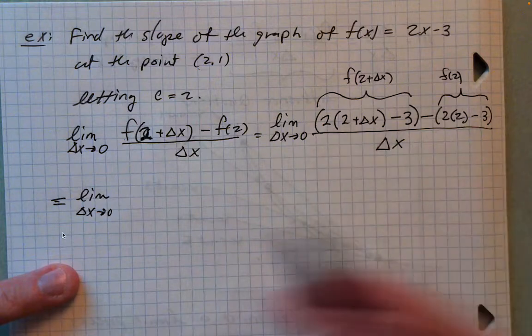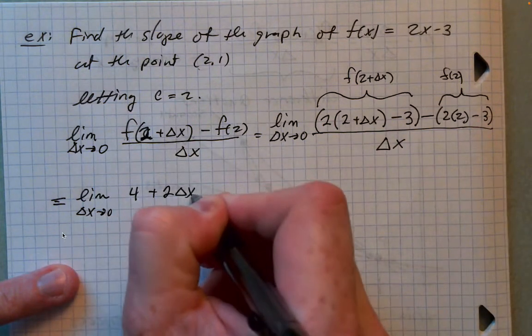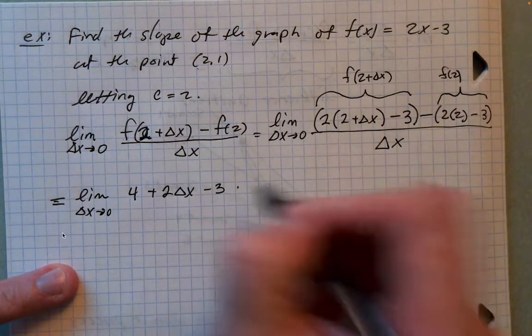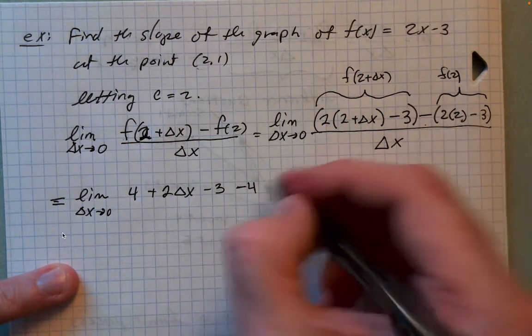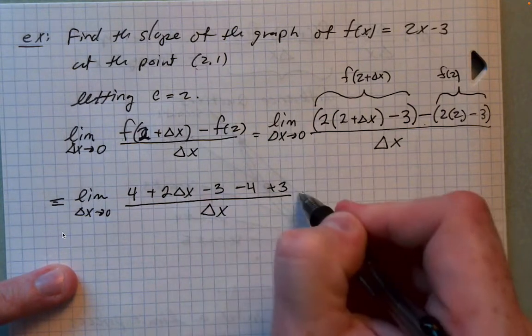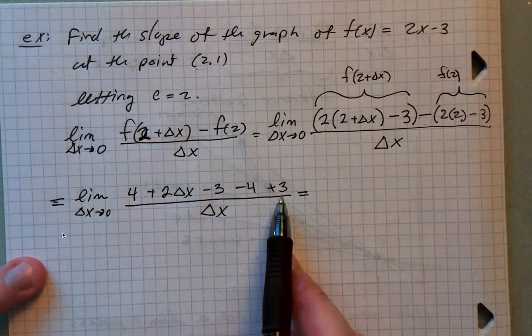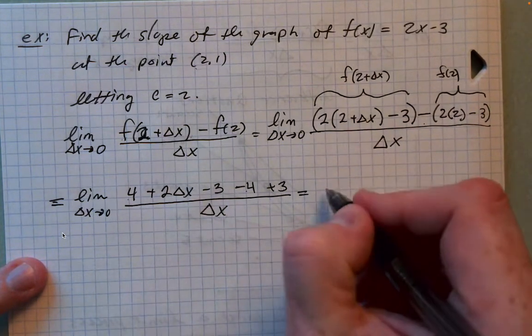Let's just expand these things, and we would get 4 plus 2 delta x, and then minus 3, and then minus 4, and then plus 3, all over delta x. And then, of course, everything here combines, right? So 4 minus 4, 3 minus 3. Those two basically drop out.